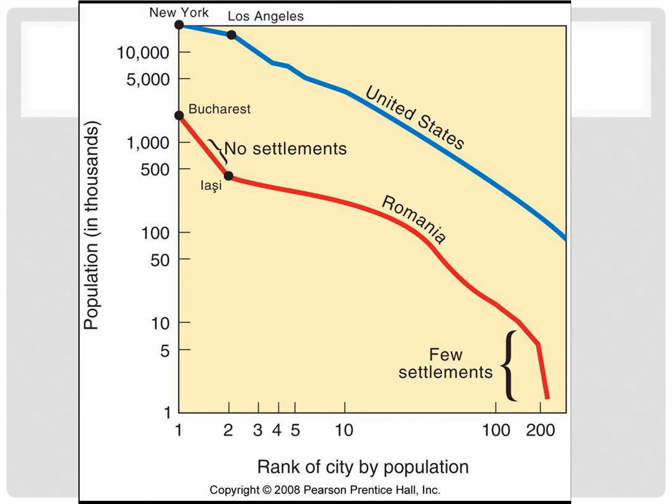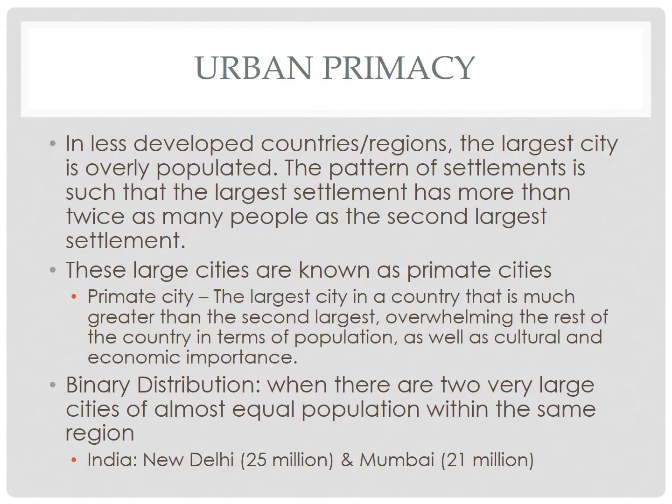So just be aware of that word primate or some kind of derivation of that with regards to cities and states that don't follow the rank size rule. So let's take a look at that.